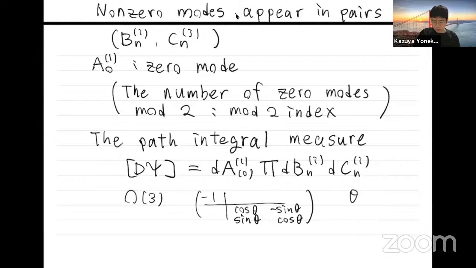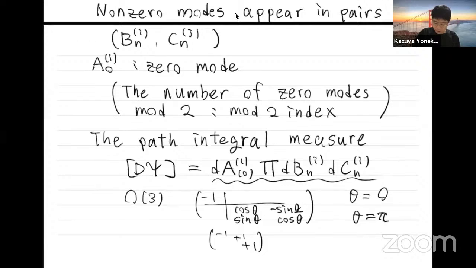If theta equals 0, then this is -1, plus 1, plus 1. So in this case, we get this expression. And then from here, we can continuously change theta. At theta equals pi, we get -1, -1, -1. So there are 3 minus entries.